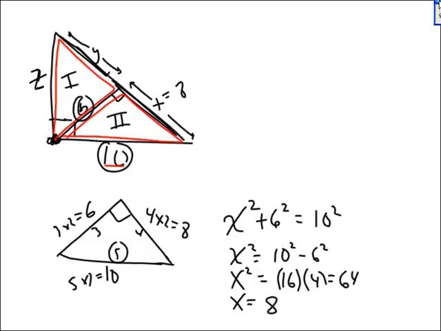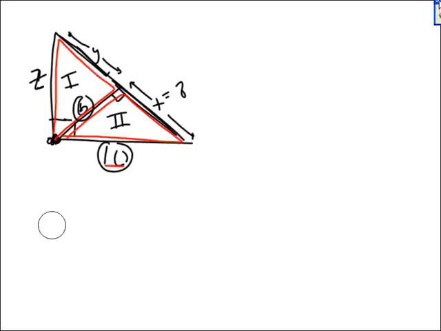Okay, so we have x now. So erase this, and let's look to see if in any of the other 2 triangles we have 2 of the 3 sides. When I look at triangle number 1, z has the right angle, so z is the hypotenuse. I just get that z squared is 6 squared plus y squared, which is 2 unknowns.